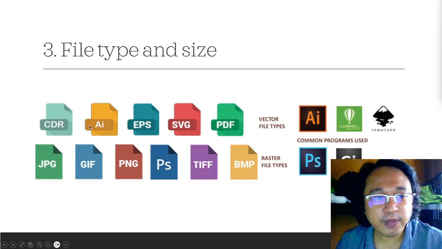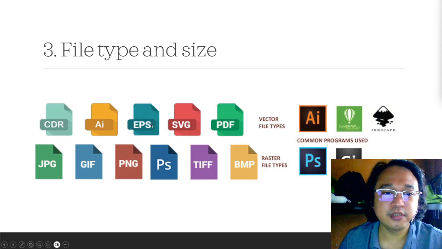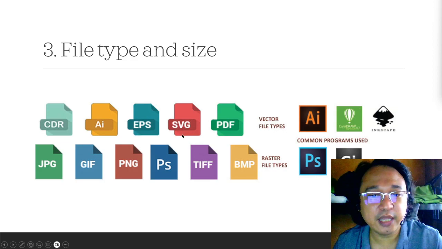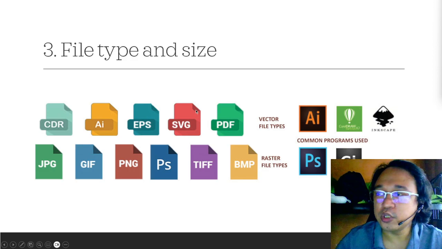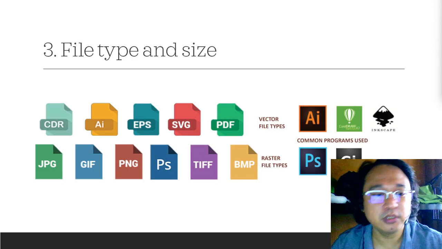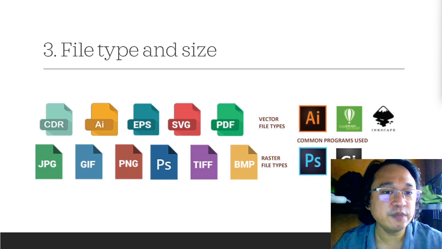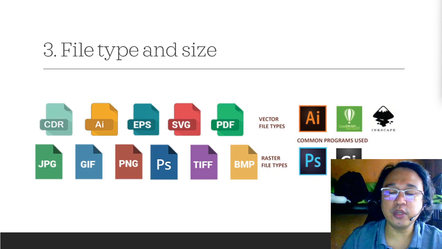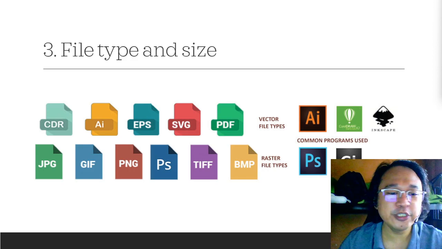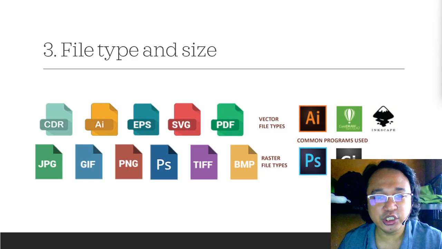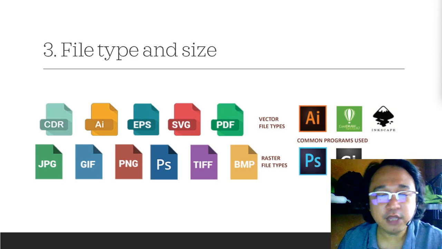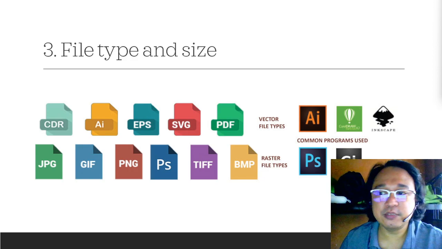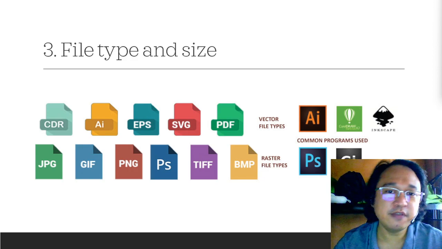Adobe Illustrator, we have our AI, EPS, SVG, and PDF. And also, Photoshop and GIMP, it is more on image manipulation. So we have our JPEG, GIF, PNG, PSD, or our Photoshop document, and our TIFF.